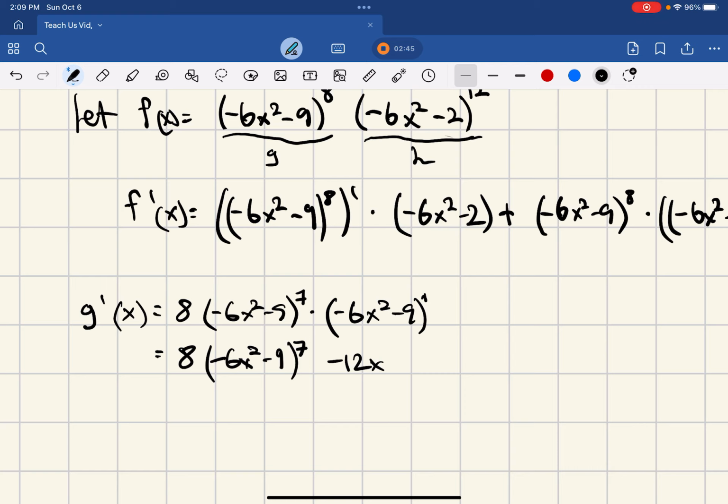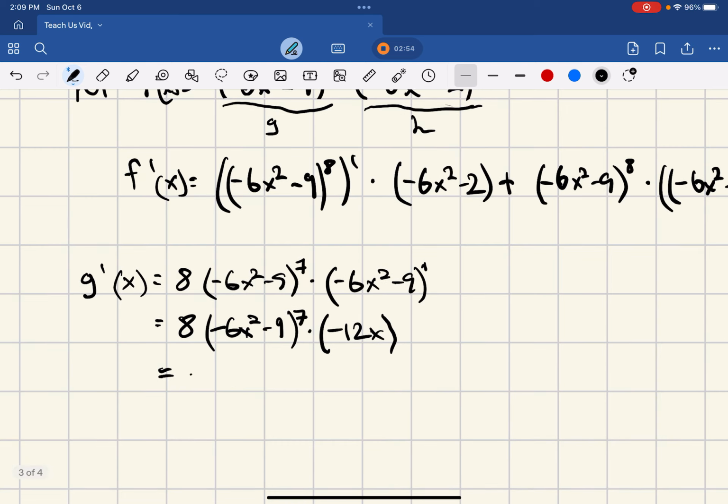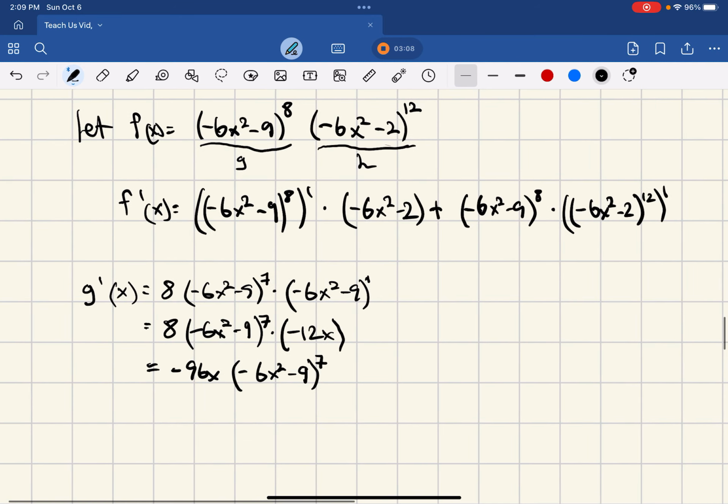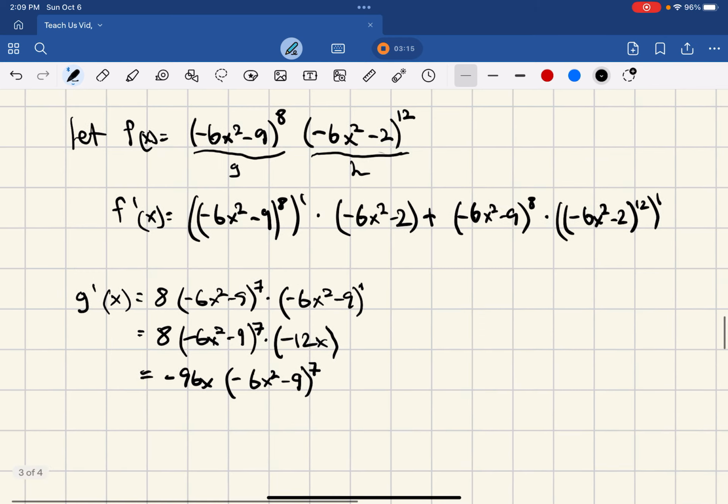That will be the derivative of this. Then we simplify a bit. So negative 96x times (negative 6x squared minus 9) to the 7th power. That's the derivative for our g function.